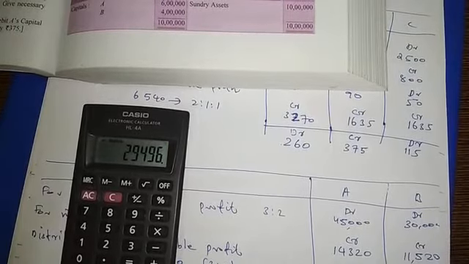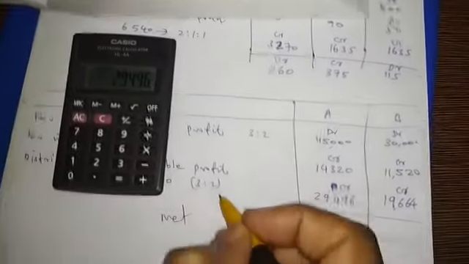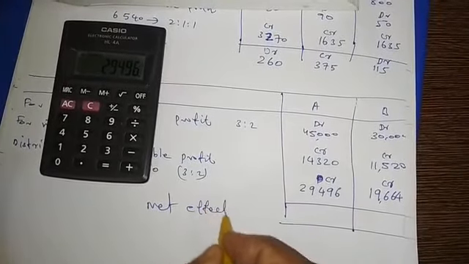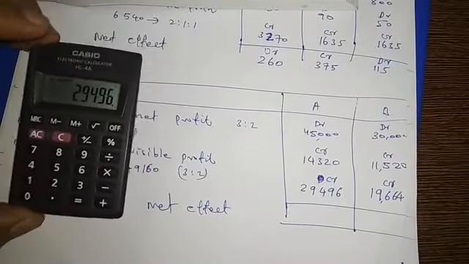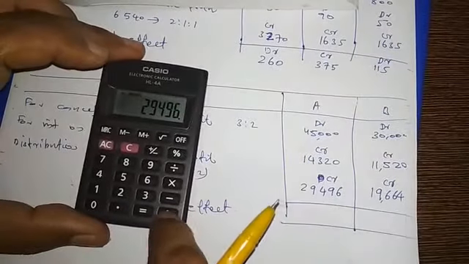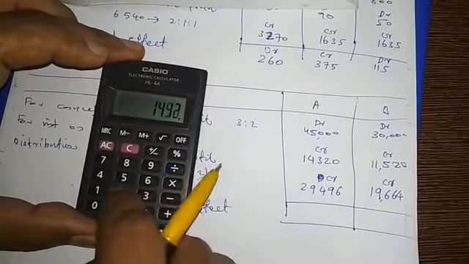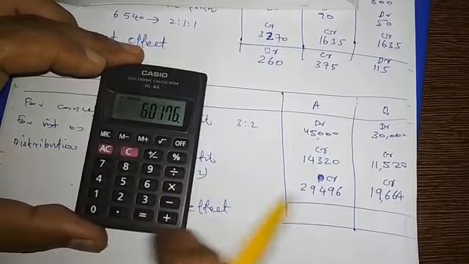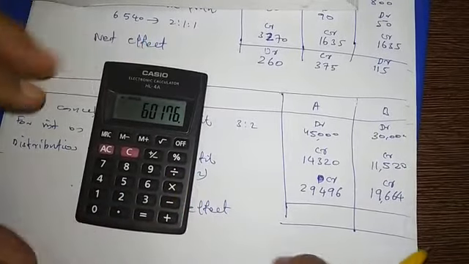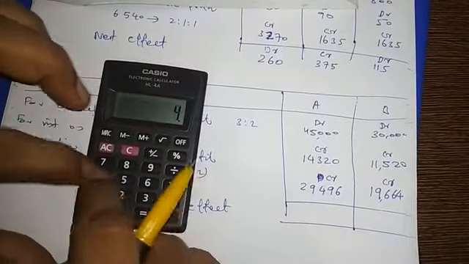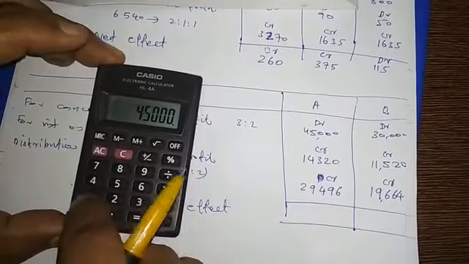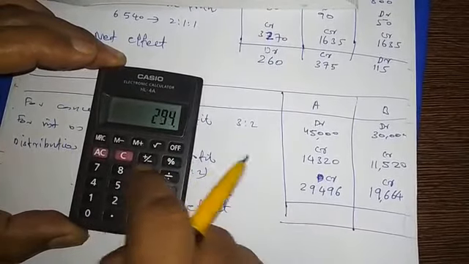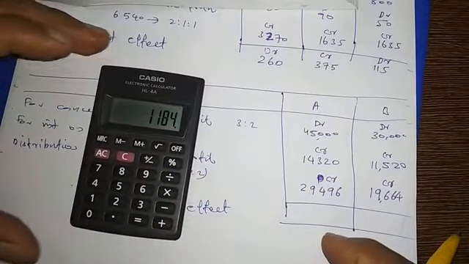Now the net effect. Net effect will be both the credits added together. From 45,000 we are subtracting, no, some mistake has happened. 45,000 minus 14,320 minus 29,496 comes to 1,184.